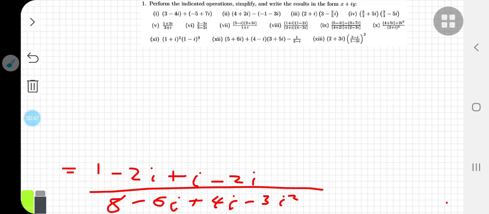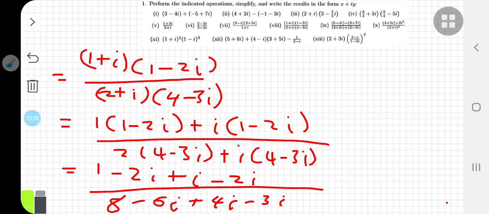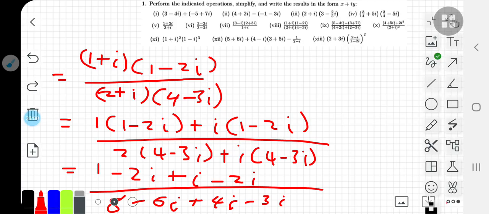From here, simplify on top. Oh, this is supposed to be negative 2i squared.